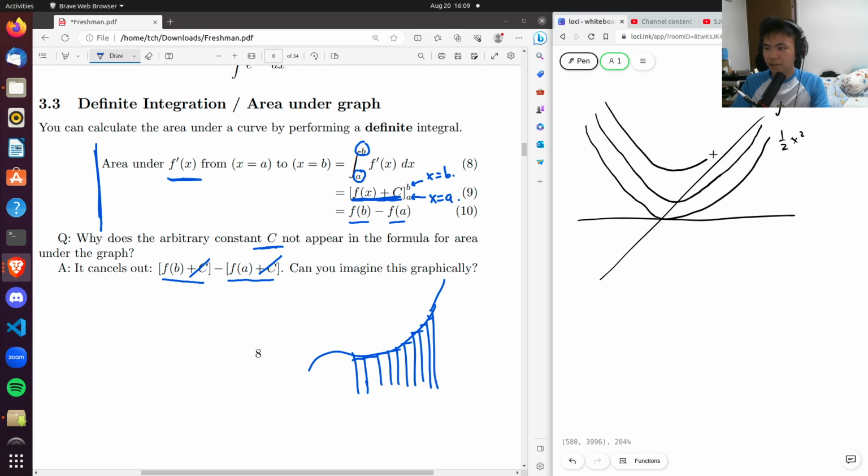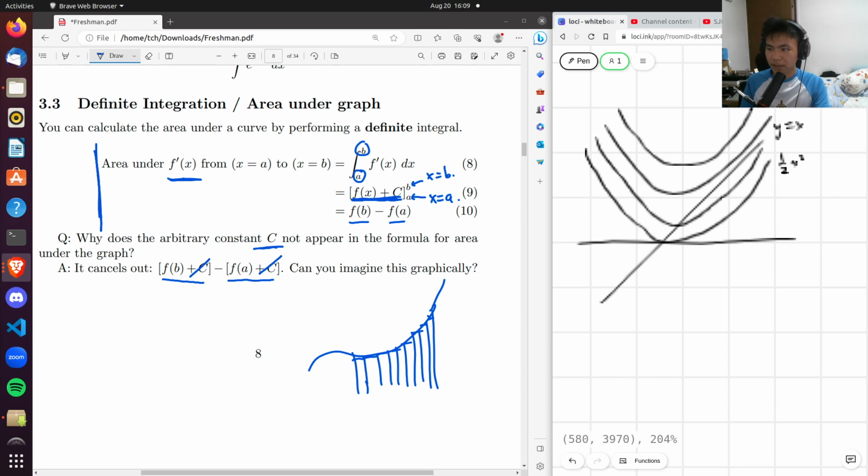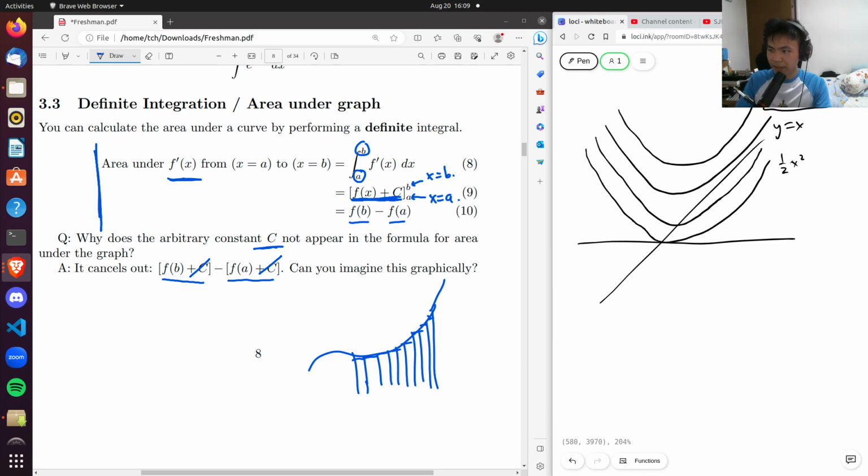So in other words, if we translate the function up, for example, this is half x squared plus, let's say, 3. Then half x squared plus 3 is still a valid indefinite integral of y equals x.